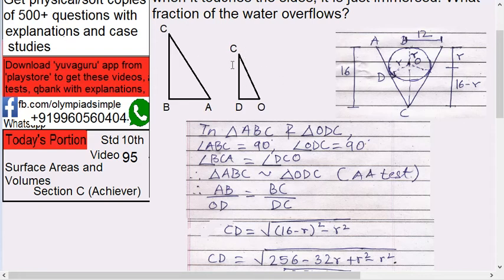CBA, CDO: C is common and B and D are 90. Therefore, by the AA test, AB upon OD equals BC upon DC, because corresponding sides of similar triangles are always in the same ratio.